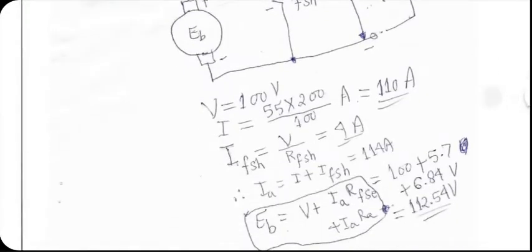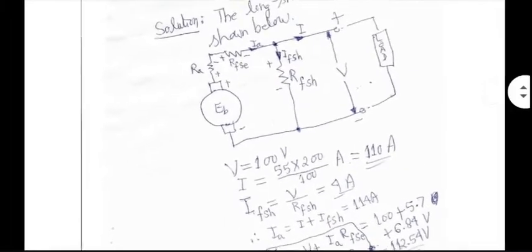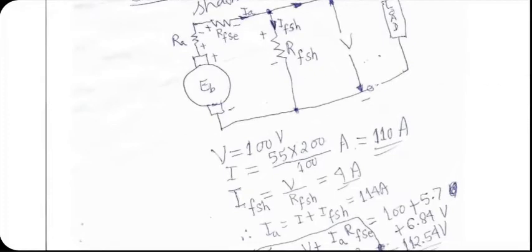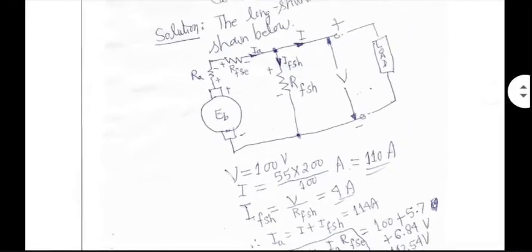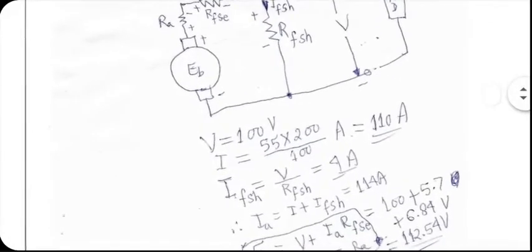Yes. So the load current turns out to be 110 amperes using this calculation. And of course, now look at the rest of the things. IFSH, looking at the equivalent circuit, will simply be V divided by RFSH. And V is 100 volt.